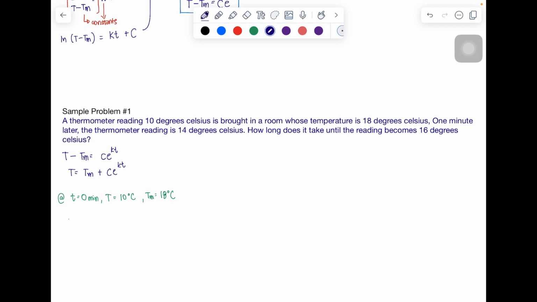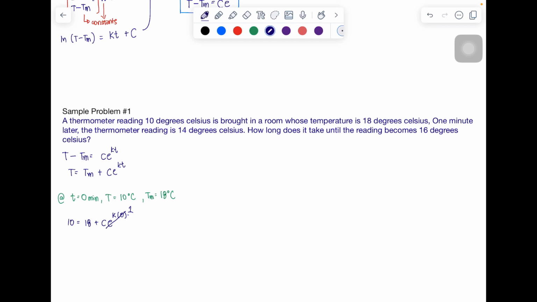We have T, which is 10, is equal to 18 plus c, e to the k is not given, and t is at time 0. So this right here is actually 1, because anything raised to the power of 0 is 1.